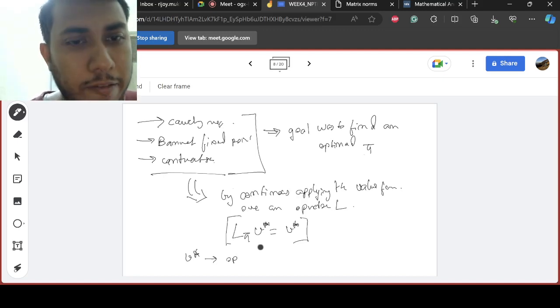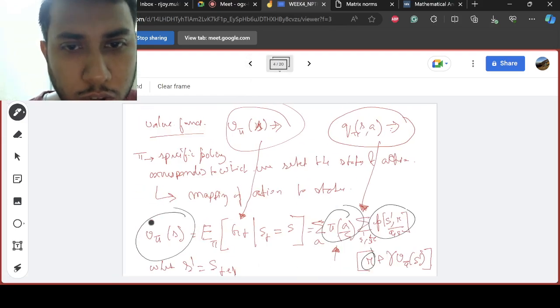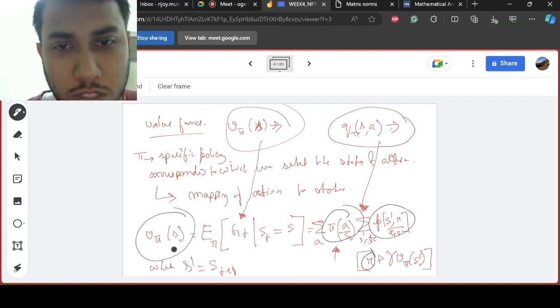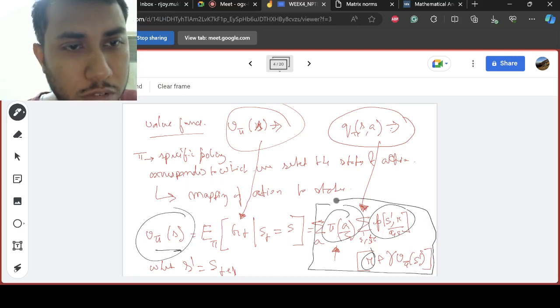So what is L pi and V pi? L star V star is basically this. If you look at this equation, this is your V, and this whole equation is basically a function over V, right? So here is your V pi and here is your V pi.